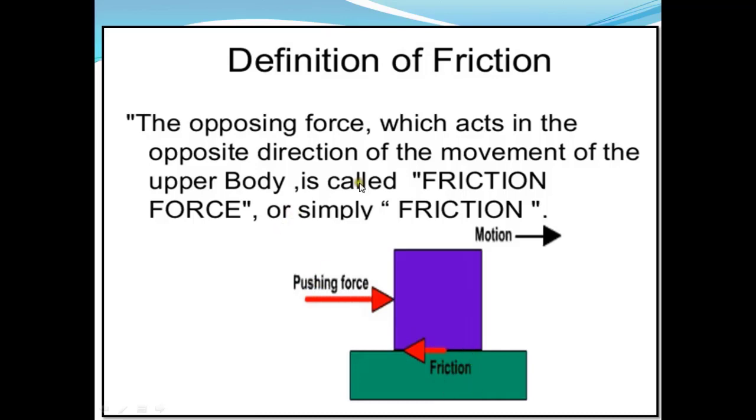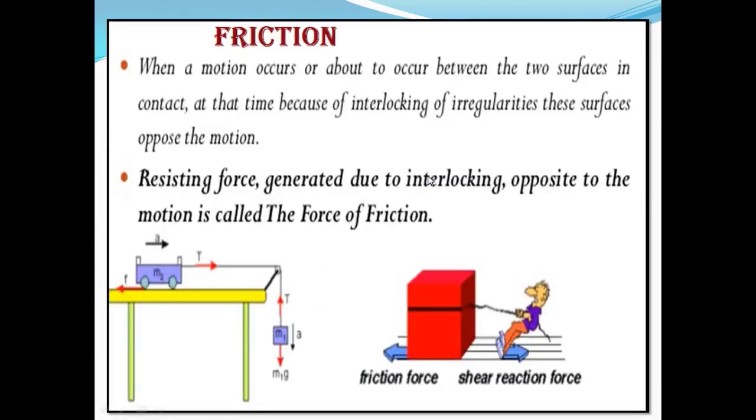In another way, when a motion occurs or is about to occur between two surfaces in contact, because of interlocking of irregularities, these forces oppose the motion, and we can say that the resisting force generated due to the interlocking, opposite to the motion, is called the force of friction.